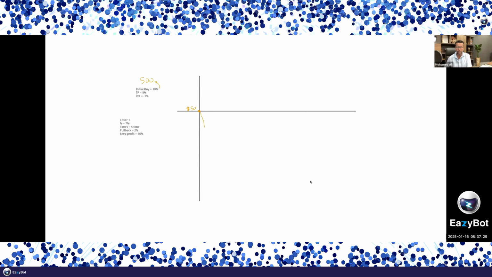Okay, so in this case, if the price of this coin starts dropping, then the bot is going to be waiting for a drop from the initial buy of 7%. Let's make it down further. Let's say 7%. And this 7% is the distance between the initial buy and where the cover has to be taken, or the action of the bot has to start again.